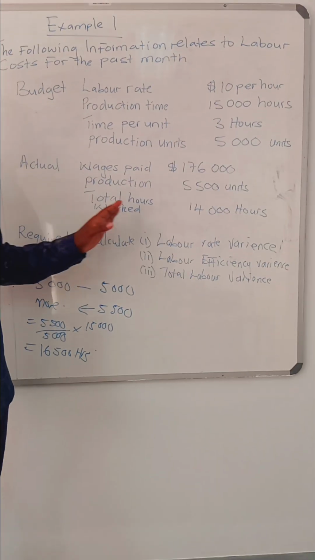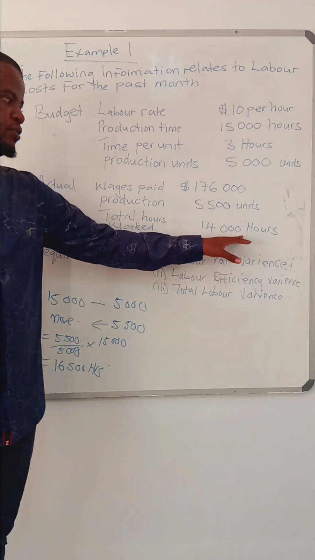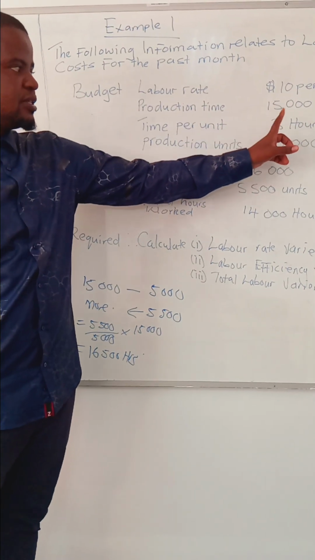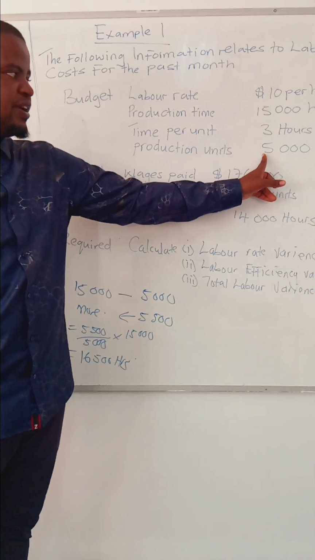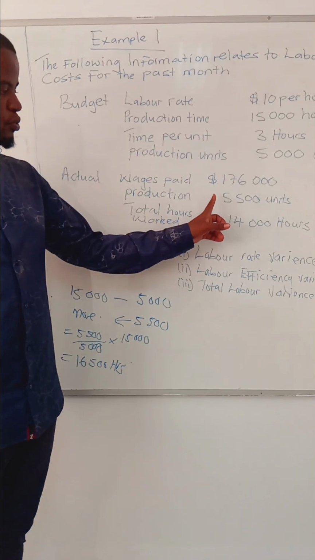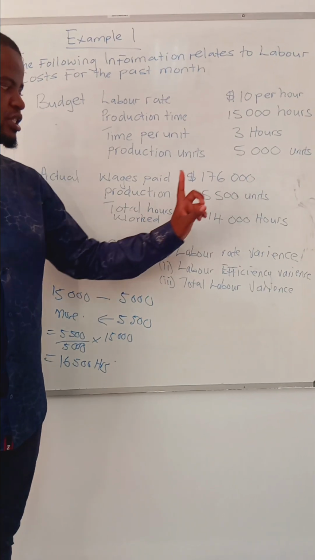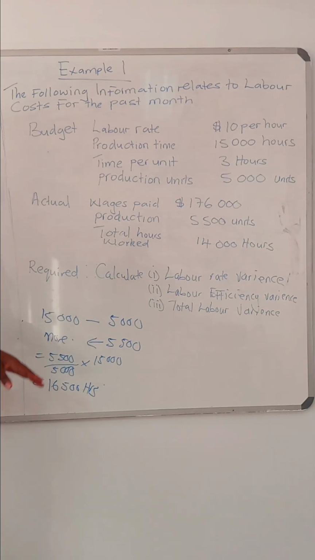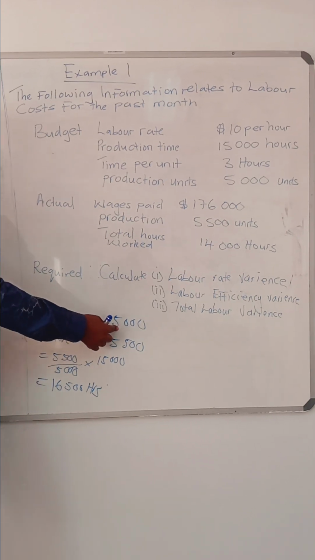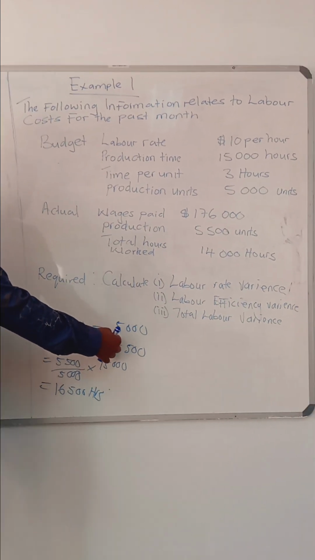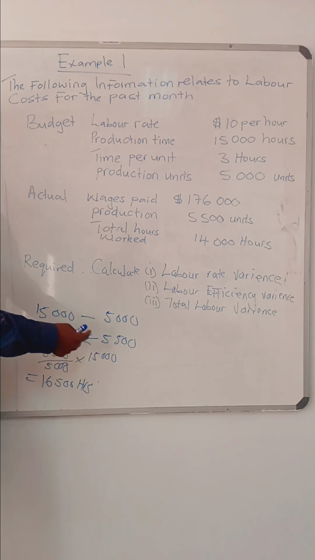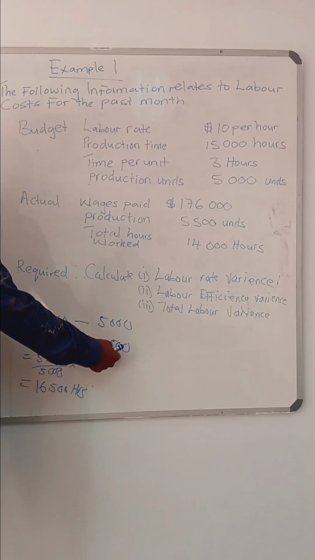If for 15,000 hours we managed to produce 5,000 units, what about 5,500 units?